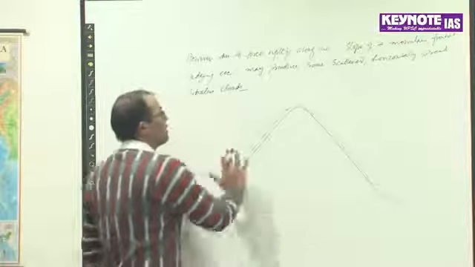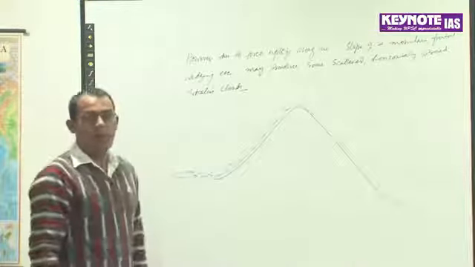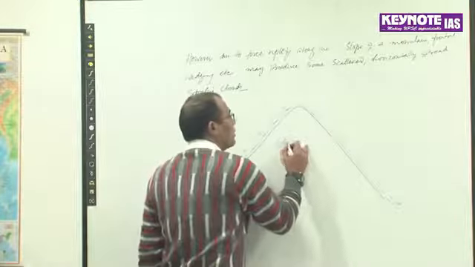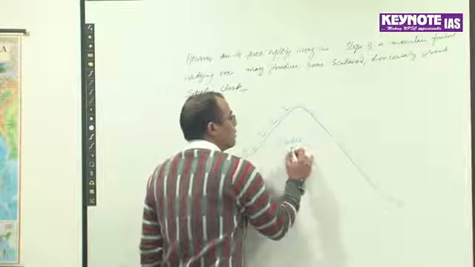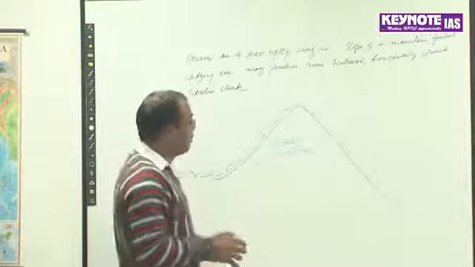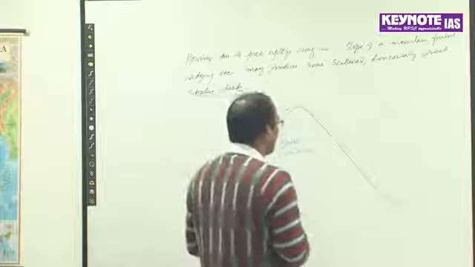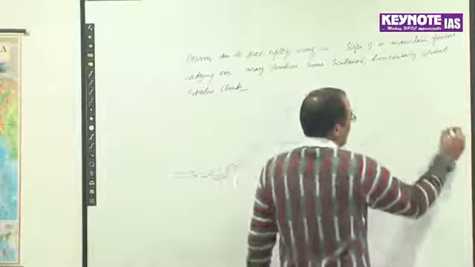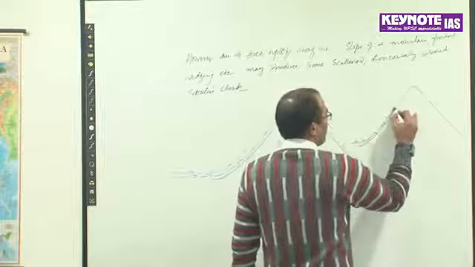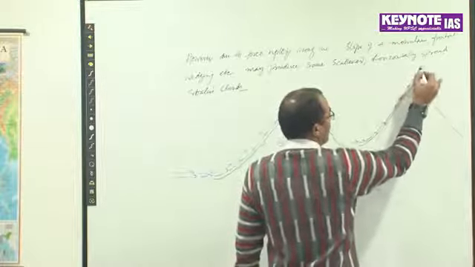So if the mountain has sufficient height, there may be a possibility of cloud formation, that is a stable condition. The atmosphere is stable. But in a stable condition, when a mountain is here and the air is rising along the slope, it will rise further.